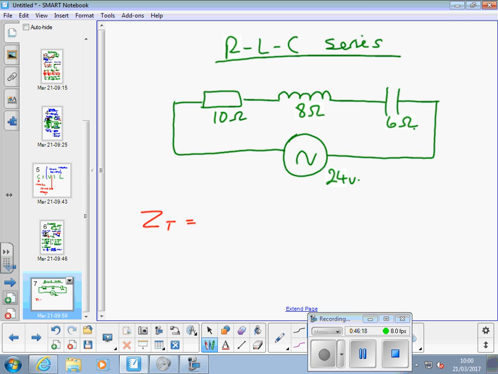What's an overall expression for ZT in terms of the Zs of each of those components individually? Forget about the values for a minute. What I want to do is express it as the impedance of the resistor plus the impedance of the inductor plus the impedance of the capacitor. Yeah?